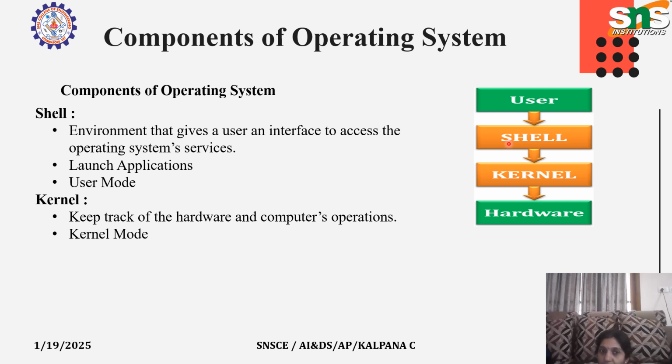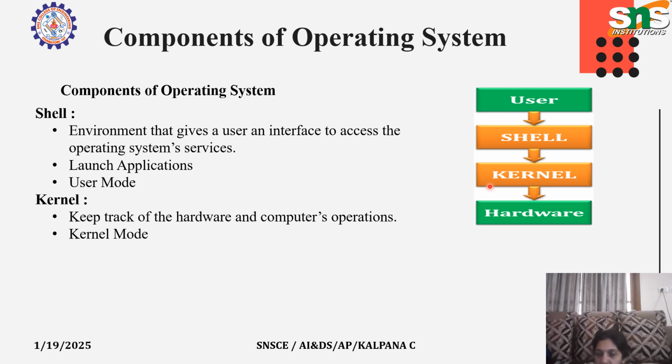It sends the request from the user to the kernel, saying this document needs to be saved, or it needs to be opened. The shell passes the information from the user to the kernel. The kernel alone is responsible for doing all the work.